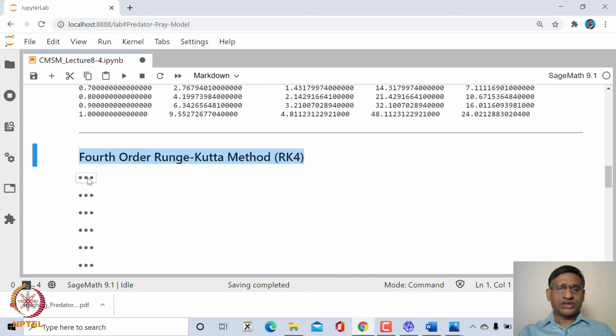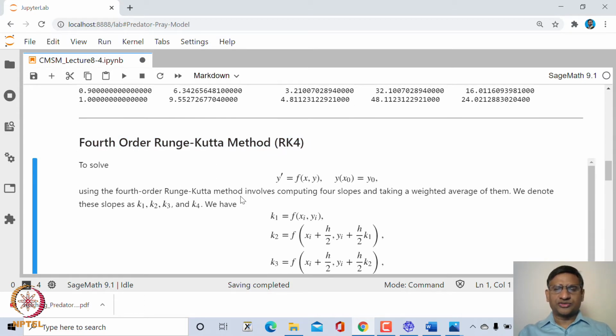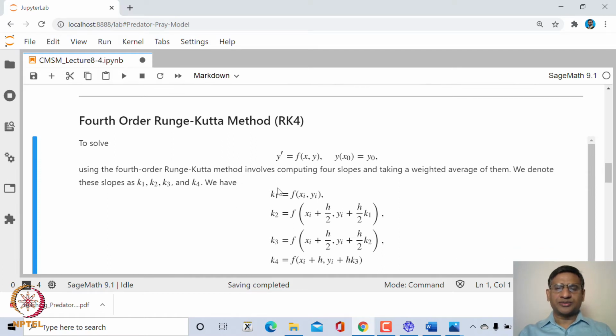So let us look at what this method is. We want to solve dy/dx equal to f(x,y), with initial condition y at 0 equal to y0, using the fourth order Runge-Kutta method. This actually involves computing slopes at 4 different points, so 4 slopes, and taking a weighted average of these slopes.